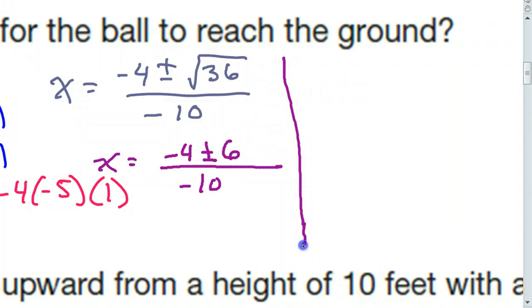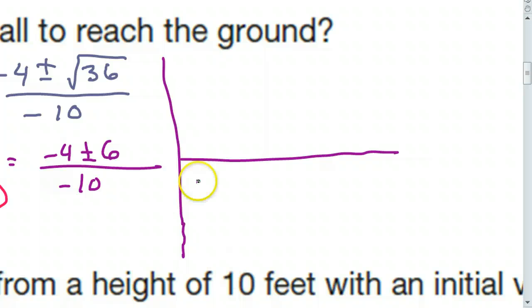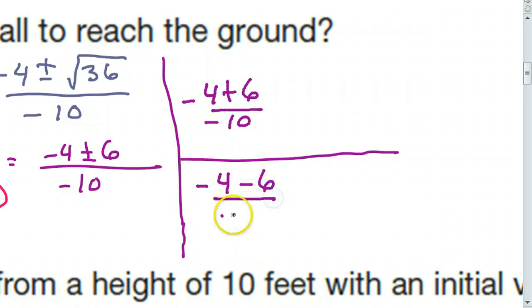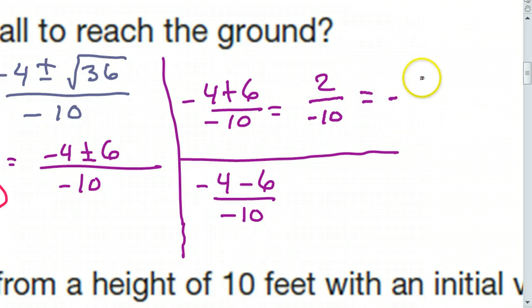Now, please understand that we have to keep going. This is just a regular number, so we can definitely evaluate it. So this is negative 4 plus 6 over negative 10, and negative 4 minus 6 over negative 10. Let's evaluate these. Negative 4 plus 6 is positive 2. So I have positive 2 over negative 10, which reduces down to negative 1/5.